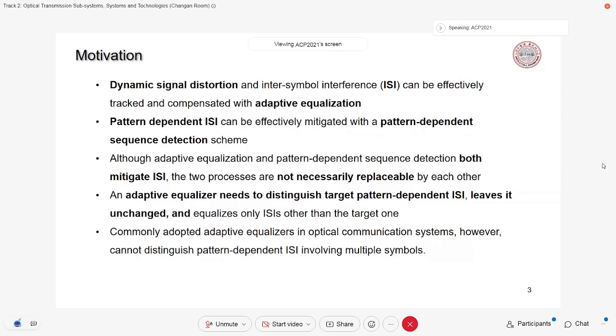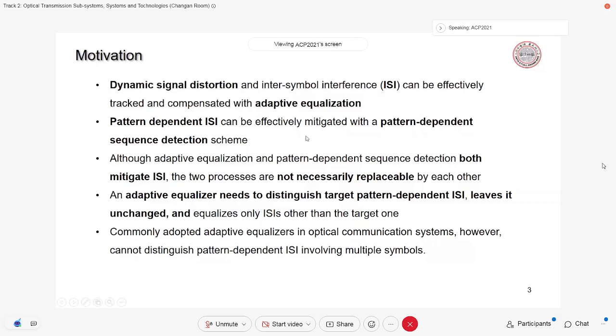Specifically, the ISI in an optical communication system, there's a dynamic signal distortion, which is dynamic, may not be ISI, but like polarization state rotating. And also there's ISI like PMD induced ISI. There's also narrow filtering induced ISI, which is highly pattern dependent.